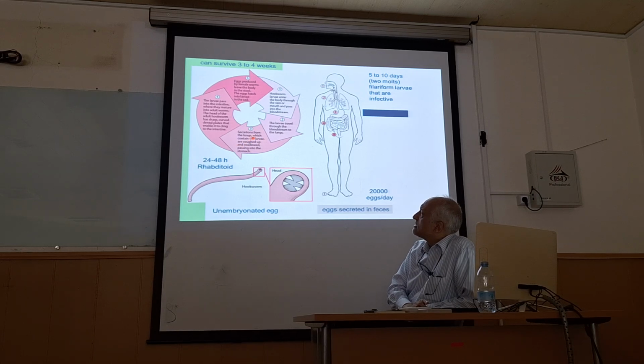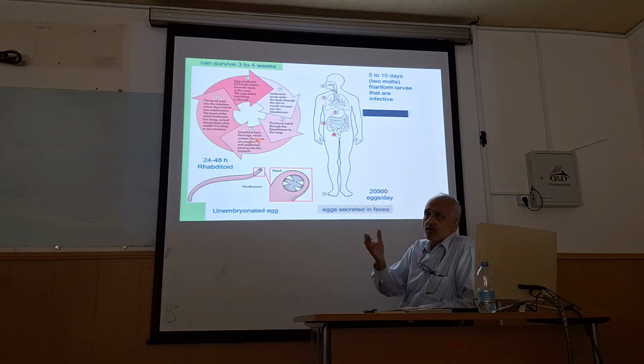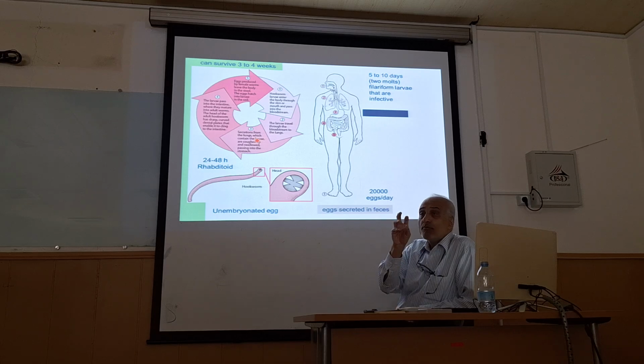Secretions from the lungs, why? And I told you that it goes back to the intestinal tract, and with the buccal capsule, armed with teeth and cutting plate, they can attach themselves to the microvilli of the intestinal wall and mucosa.